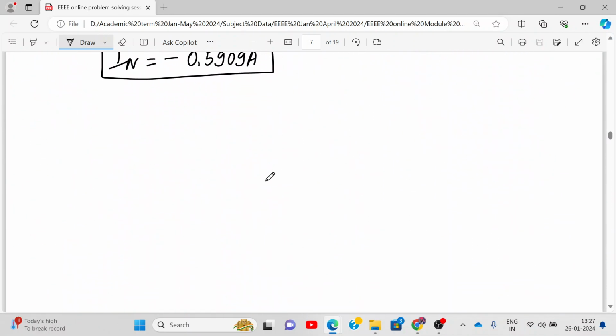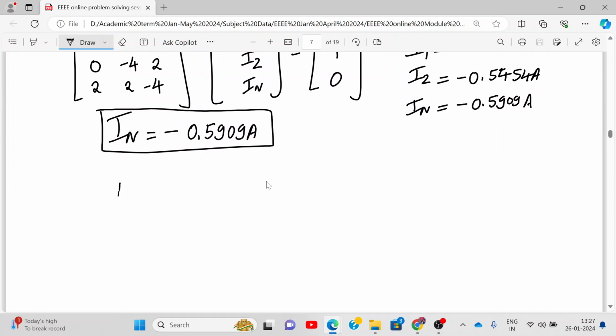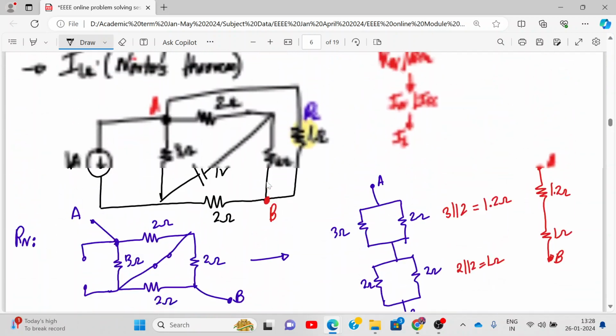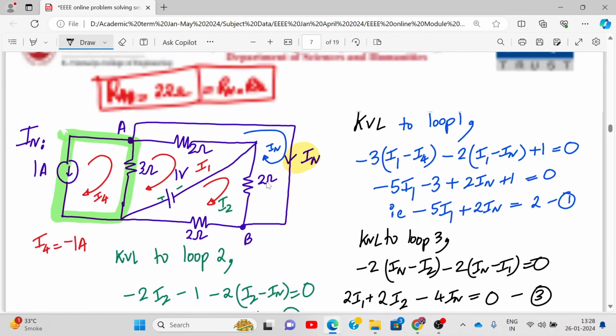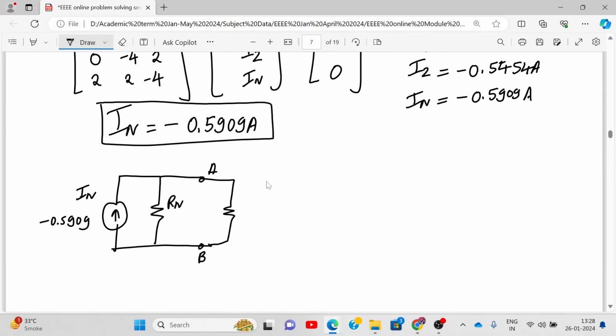Drawing the Norton's equivalent circuit. So Norton equivalent circuit is like this. A and B. What is the value of RL? 1 ohm. RN, IN. RN is how much? 2.2, right?